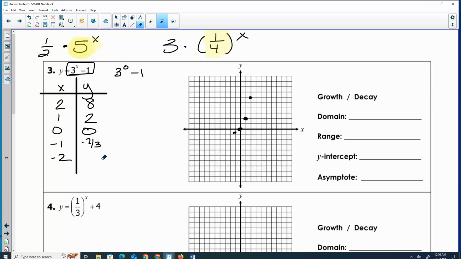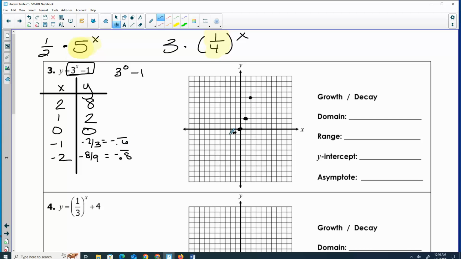So that gives me -8/9. If you don't like that, you are welcome to do decimals. It's like -0.8 repeating. This one was -0.6 repeating. So we can see it's getting smaller.